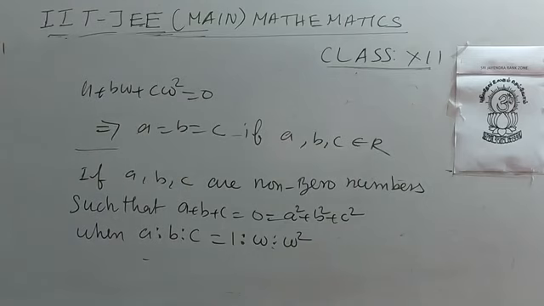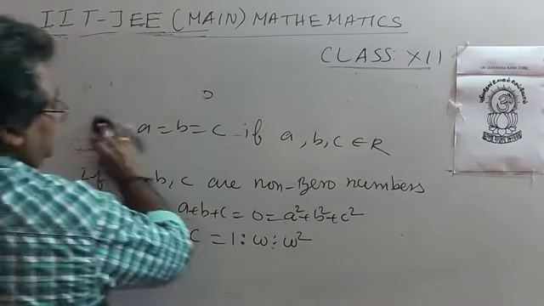Conversely, if a, b, c are in the ratio 1 is to omega is to omega squared, then a plus b plus c equals 0 as well, and a squared plus b squared plus c squared is equal to 0.